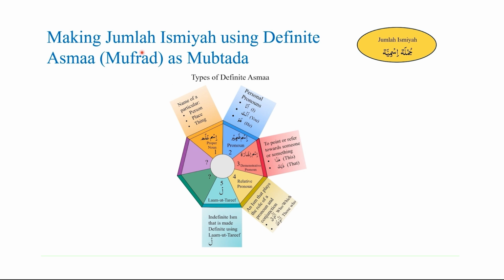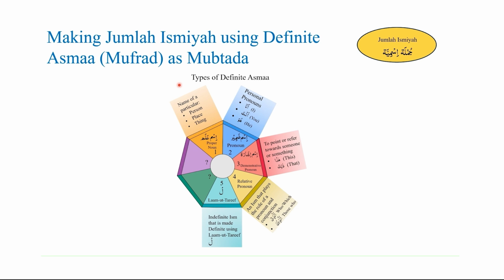Next, we studied making Jumla Ismiyah using definite asma as mubtada. All the definite asma that we have used as mubtada so far were mufrad, that is, they were based off of single words. We studied the different types of definite asma, and we started with a study of 5 definite asma.